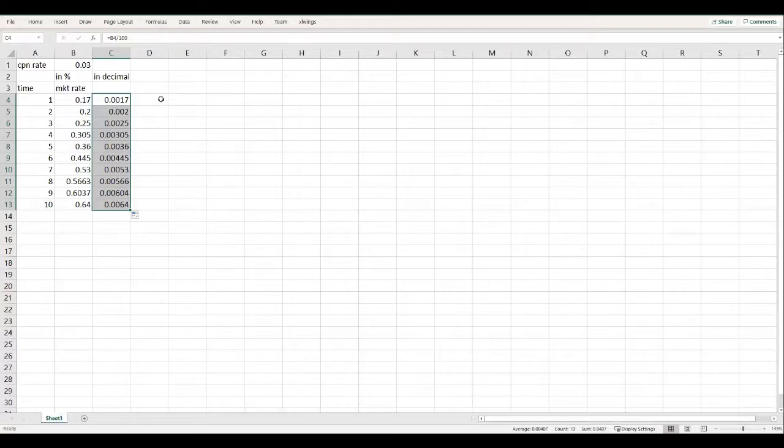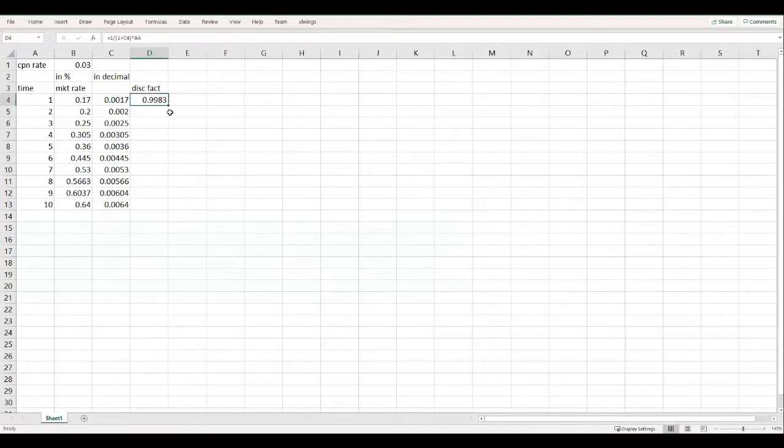Now for future calculations, it is a lot easier that we turn these discount rates into discount factors. So discount factor is nothing more than $1 present value discounted at the discount rate. So it's $1 discounting, meaning dividing by 1 plus the discount rate to the power of time.